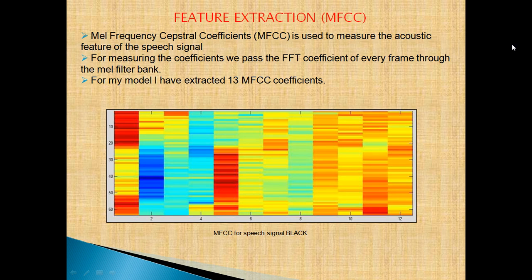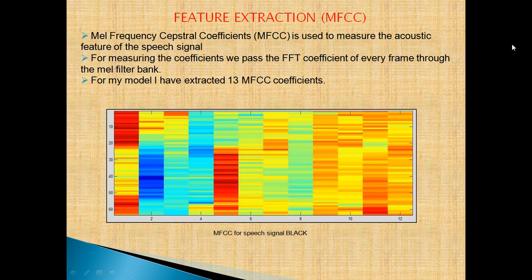To do this, we need a set of nonlinear filters, and MFCC can be calculated for every frame by passing each FFT coefficient through a Mel filter bank frame by frame. The frame size is taken as 10 milliseconds, and the overlap frame size is 5 milliseconds.